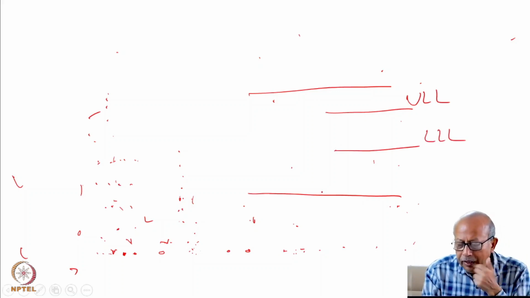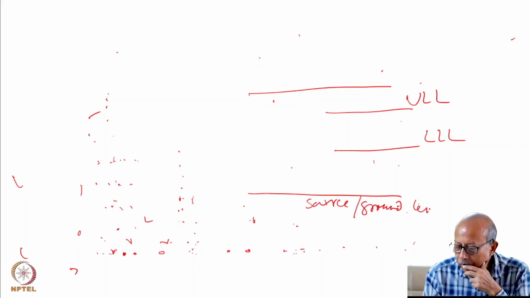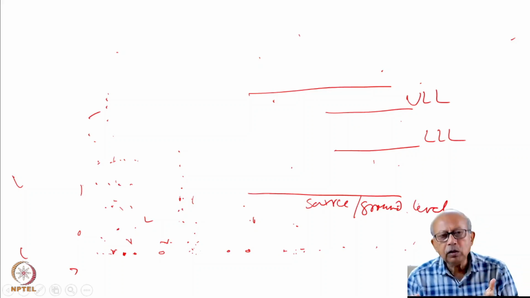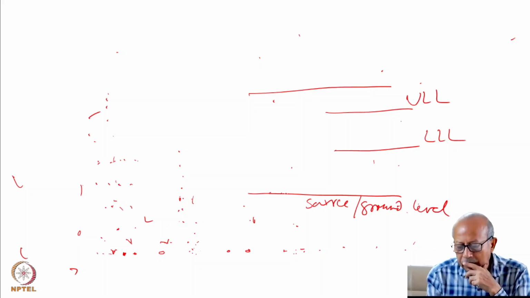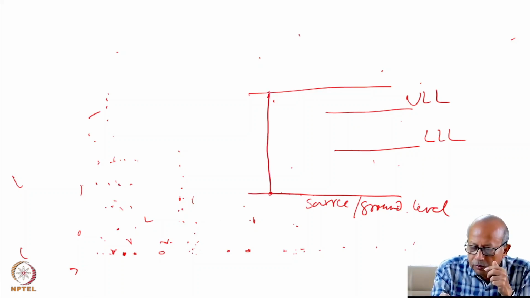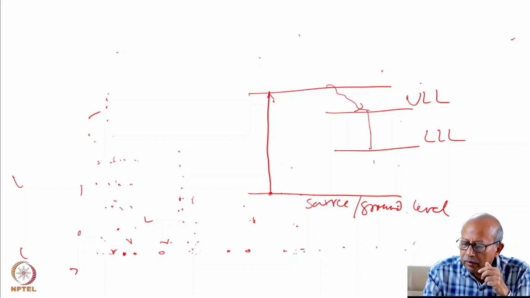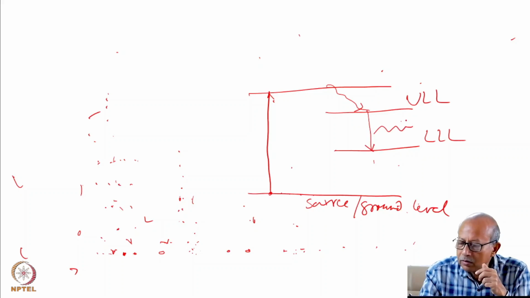In the beginning, this is the source or the ground level, where all the molecules reside. Now let us assume that we pump one of the molecules up here to the pump level. It then will quickly relax to this level, and this is where the lasing transition takes place.